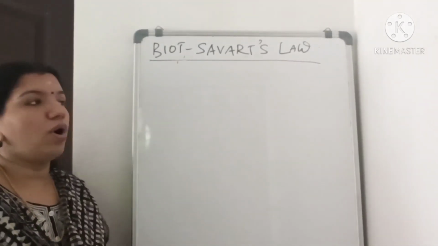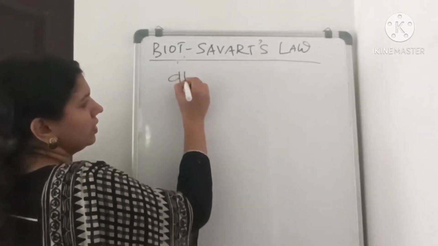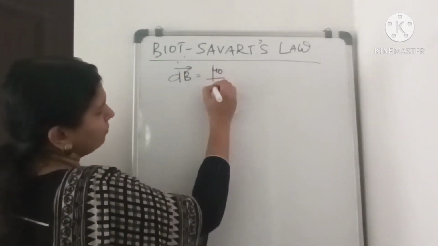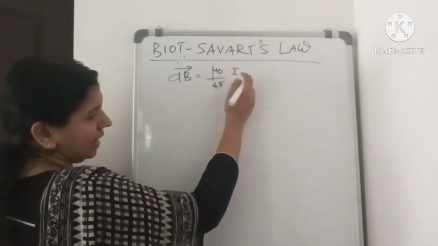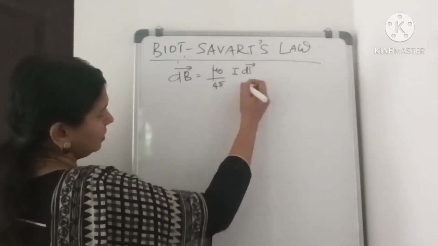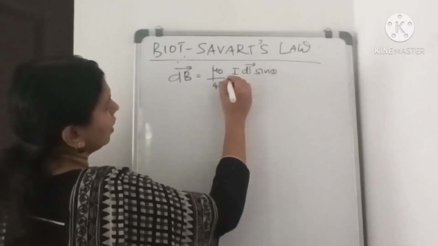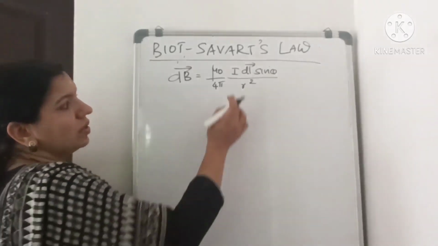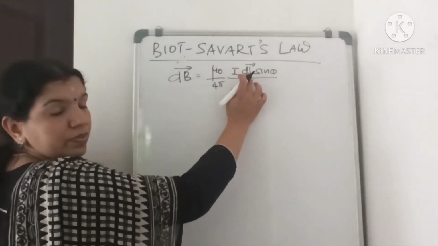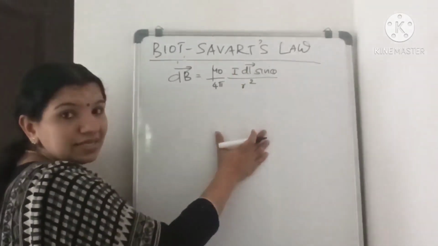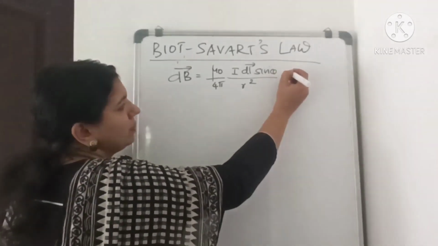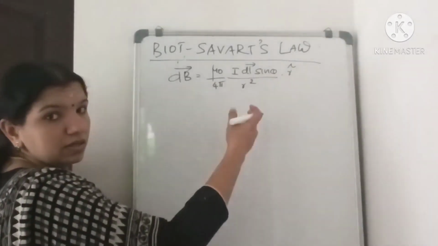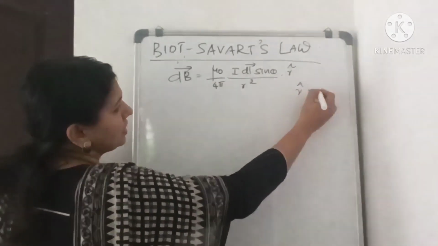So in the vector form, you know dB is equal to mu 0 by 4 pi, I is a scalar, dl is a vector, sine theta by r square. Here we are taking the magnitude only. Now, if I want to change this into a vector, I have to multiply it with a unit vector, right? That is, the unit vector will give the direction. So r cap is equal to what?